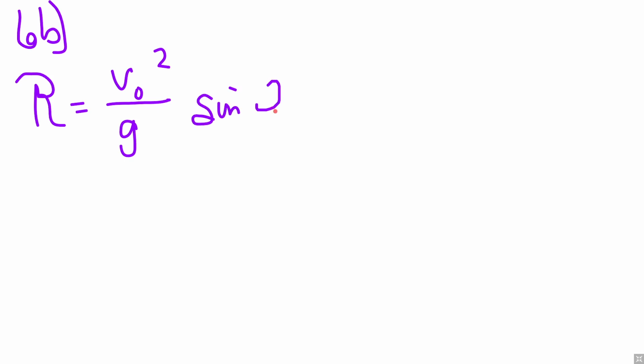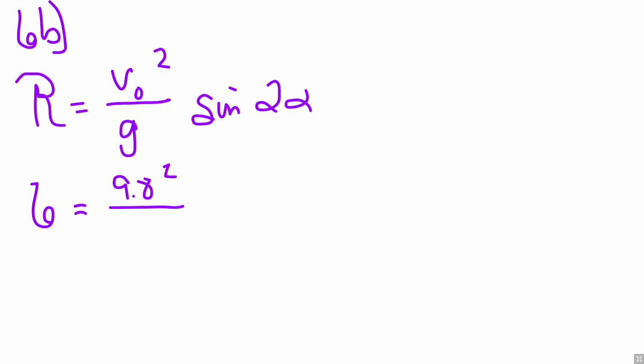So we know that the range is equal to the initial velocity squared over g times the sine of 2 alpha. In place of the range, we're going to put 6. Now we are working in meters.